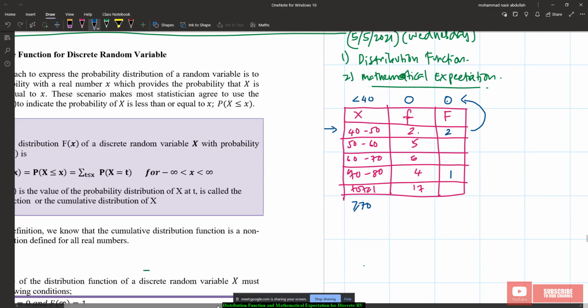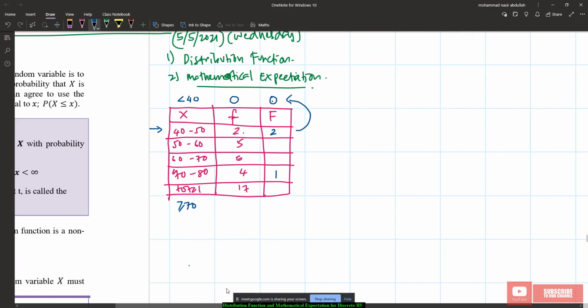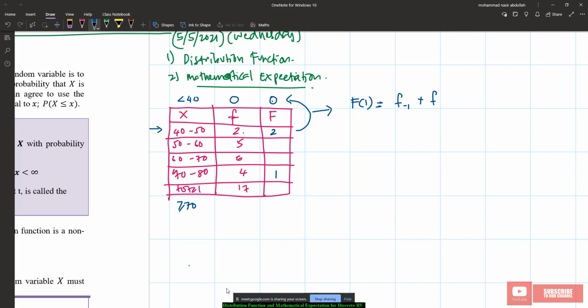If you expand the concept here, to find the cumulative frequency for the first row, it means the frequency before the first row plus the frequency of the first row.